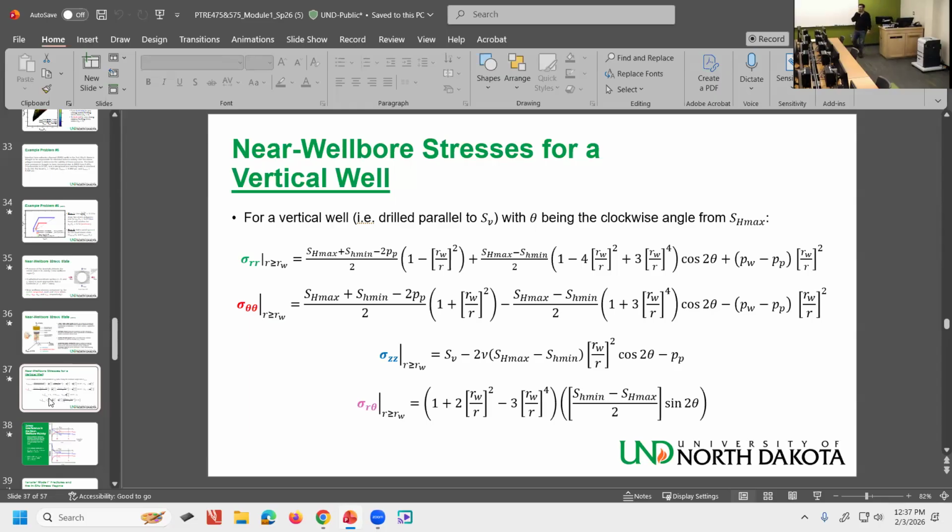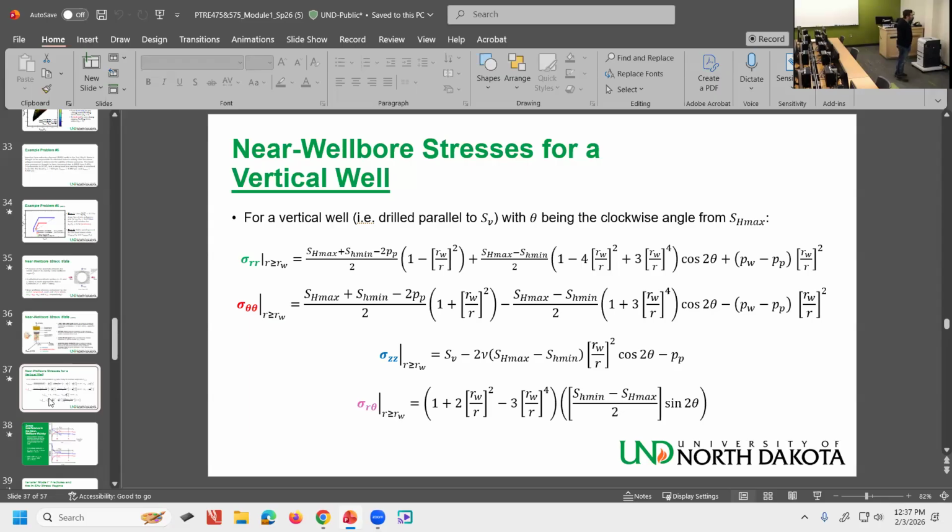We asked, how does it look when you're on the wellbore radius, that means R equals RW. All those fractions RW over R become 1, and that simplifies the shear stress. It becomes 0. That means no shear on the borehole walls, which is something I mentioned earlier that day.